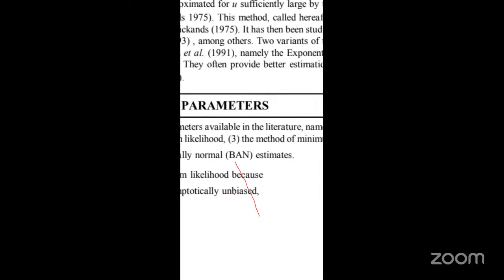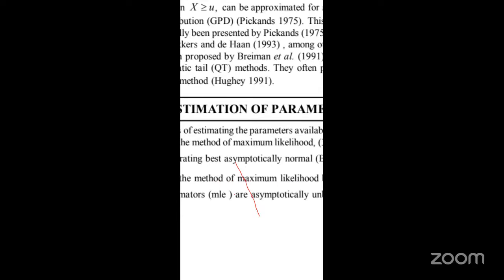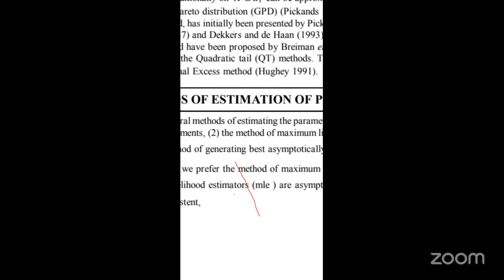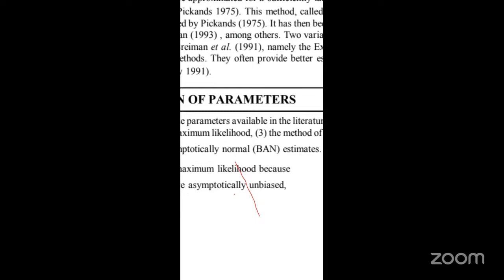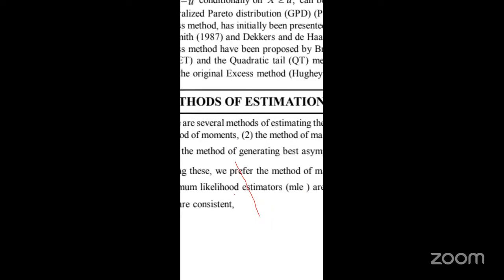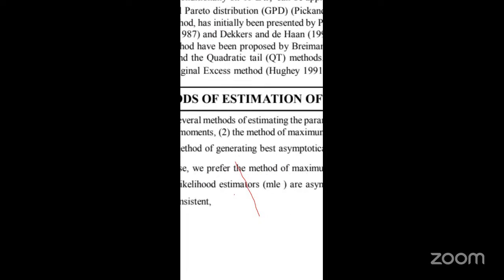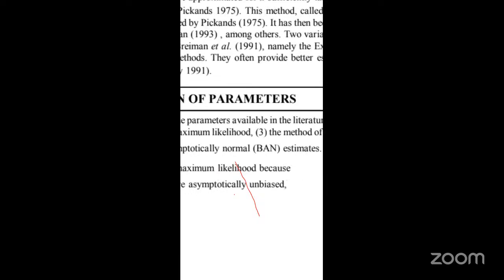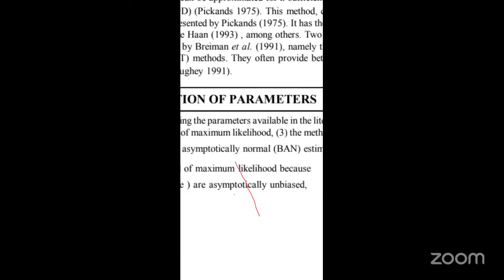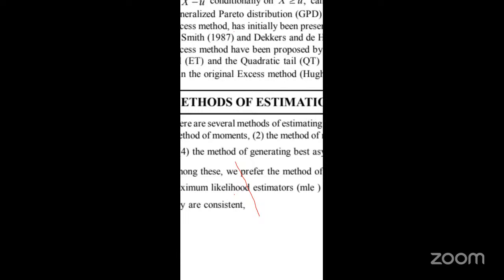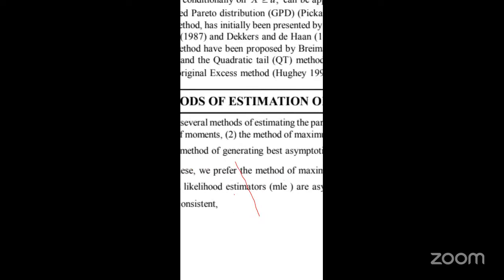It has been studied by Smith, among others. Two variants, the tail and the quadratic tail methods, often provide better estimations than the original excess method.